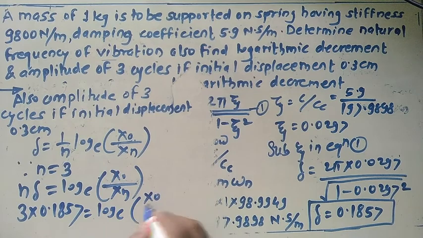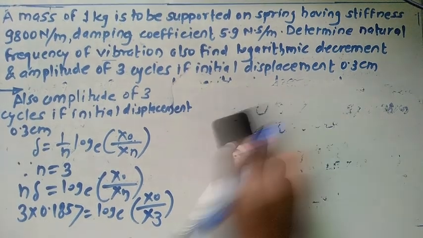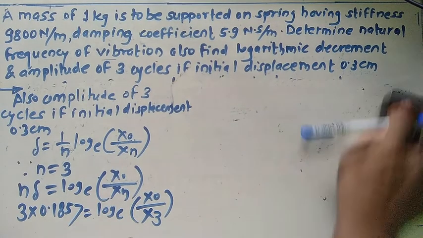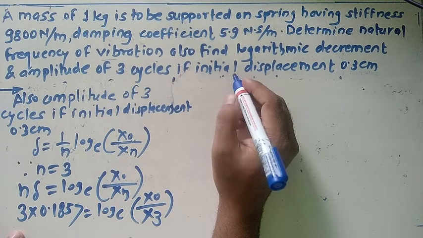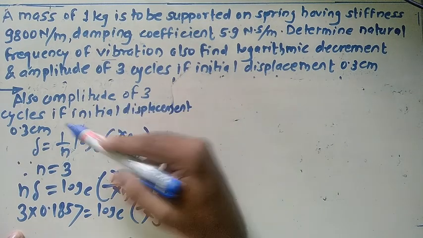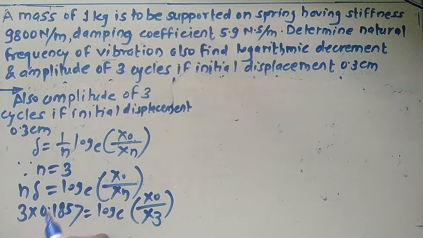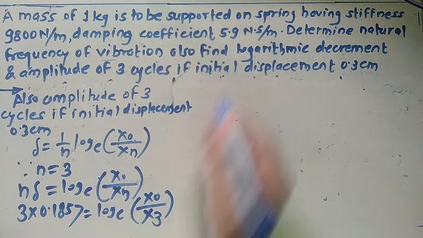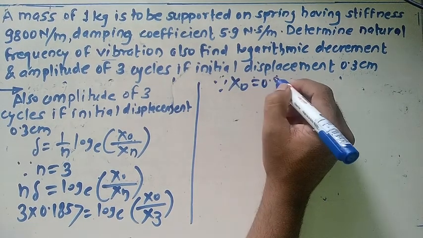X naught by xn means here x3. Now just simplify this one. Here the value given is 0.3 centimeter. Just convert this into meter. Initial displacement is given, means here the x naught value is 0.3 centimeter.